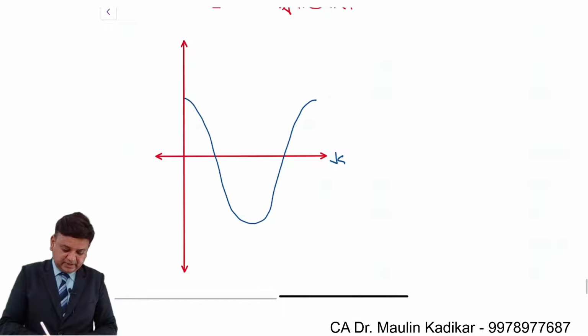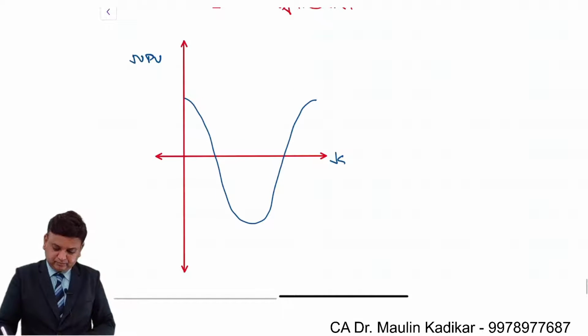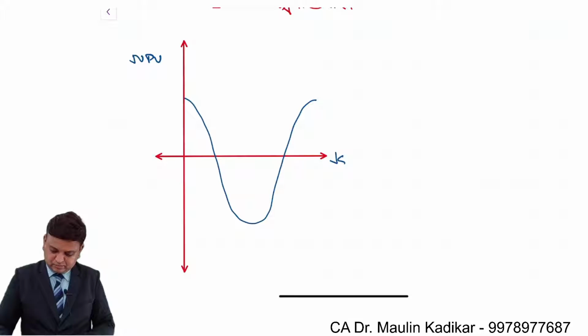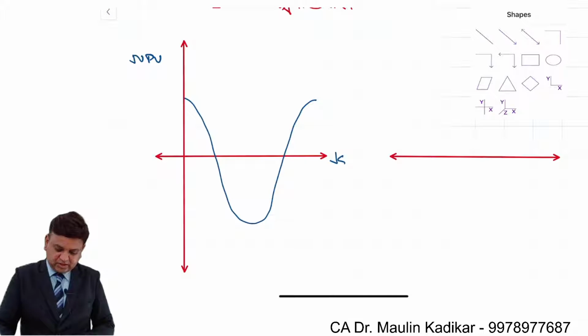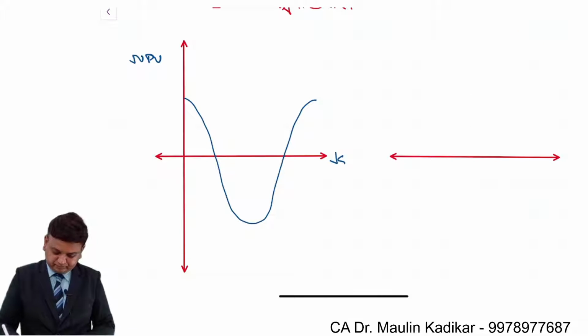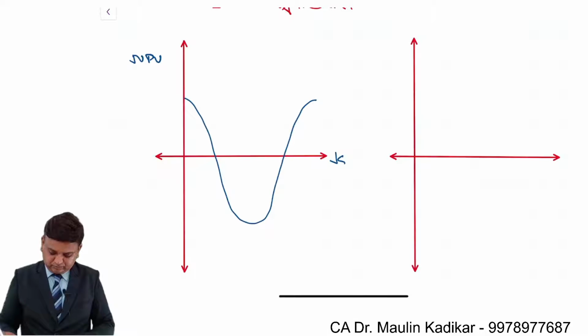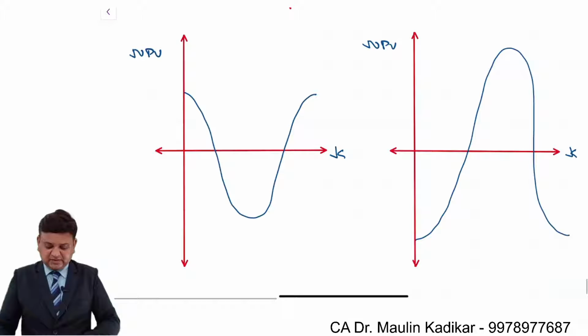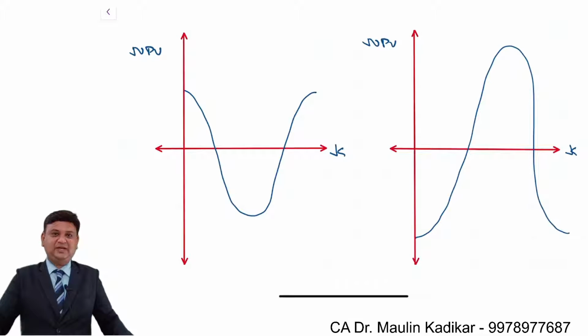This is the cost of capital and this is the NPV. Again over here it is like this. This is the cost of capital and this is the NPV. That is the way we have a situation of multiple IRR.